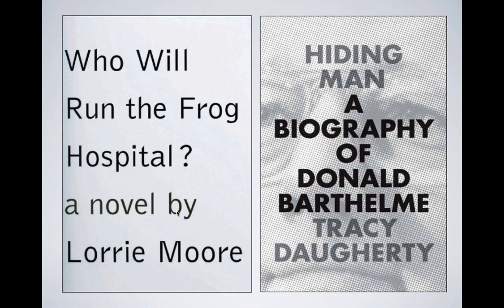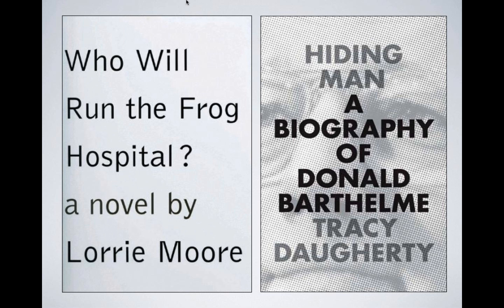Here, the words "a novel by" are just very slightly lighter in value than the other words. So it's non-essential compared to the title and the author, but it's not a very strong difference. That doesn't really tell you what's the most important.